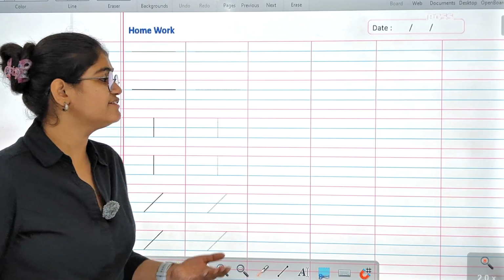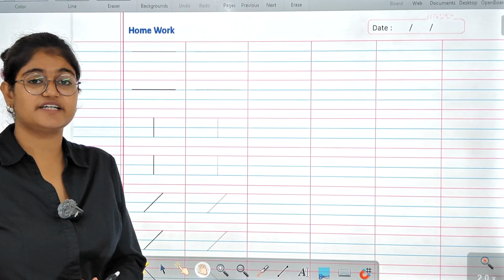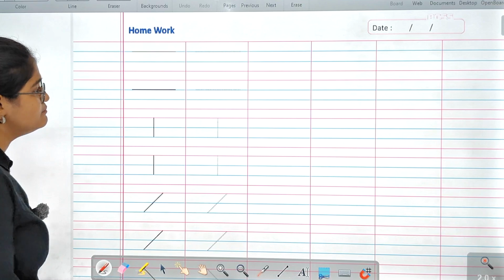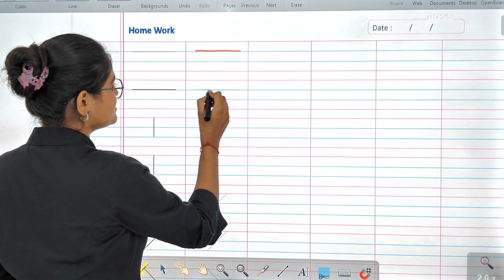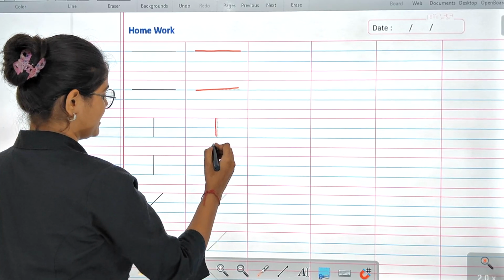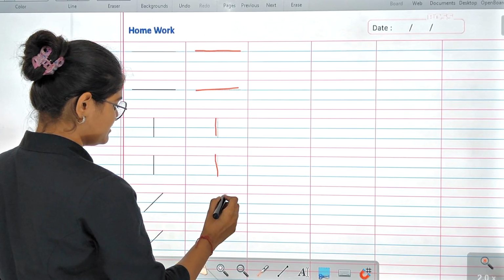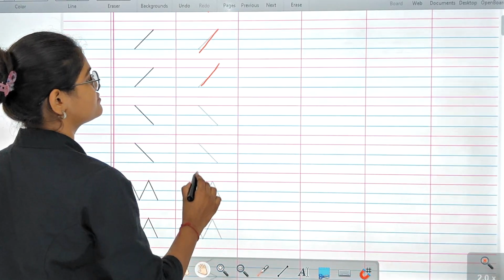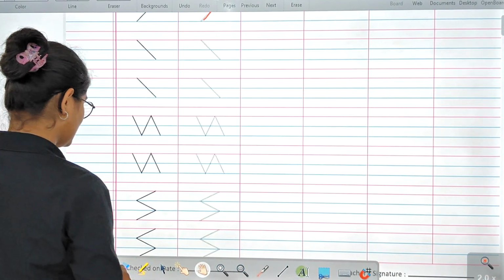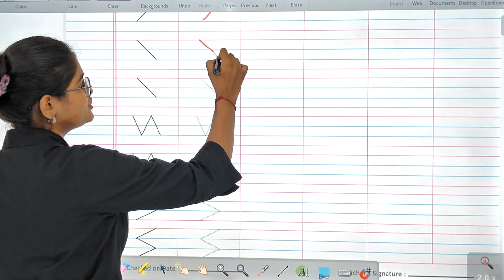In the next formations we have some kinds of lines. Let's read them. The first one is the sleeping lines. The next is the standing lines, the slanting lines. After that, the slanting lines from left to right.